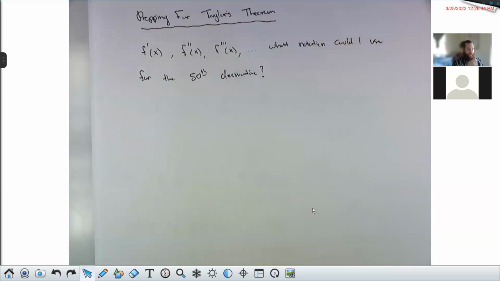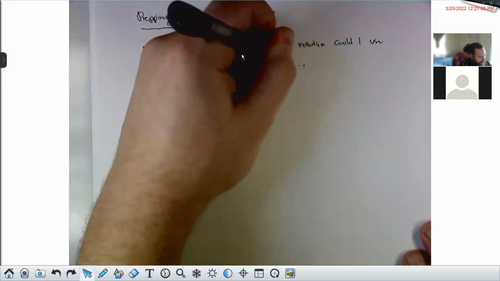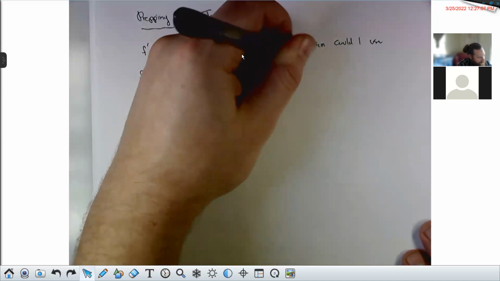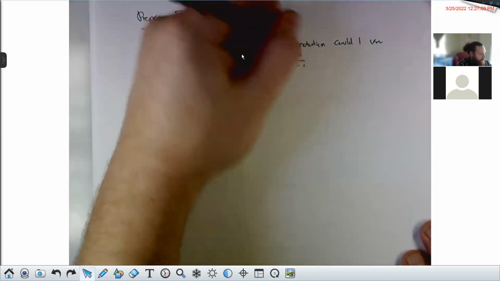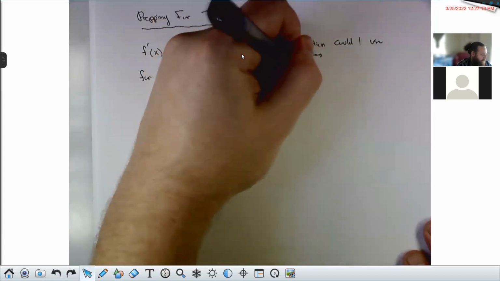So yeah, that's correct. So one of the things that we're going to need in order to discuss Taylor's theorem is some notation for higher order derivatives. I don't want to write 50 primes, f with 1, 2, 3, 4, 50 primes of x.